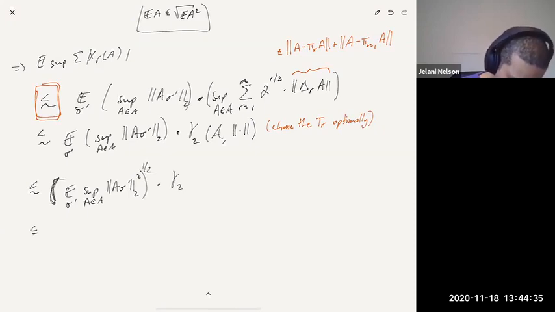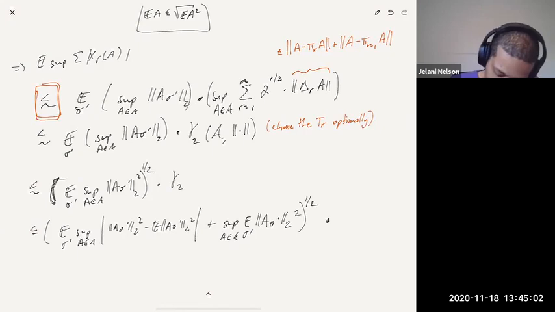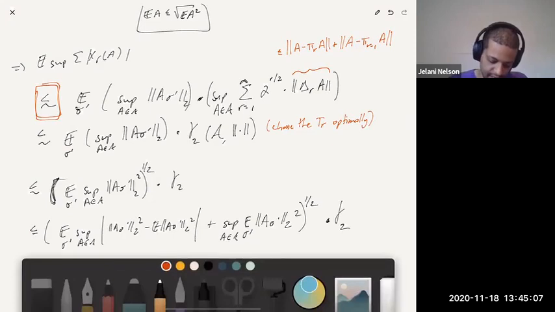So this is at most, by the triangle inequality, the expectation over sigma prime of the sup over A in script A of the L2 norm of A sigma prime squared minus the expectation of the L2 norm of A sigma prime squared, plus the sup over all A of the expectation over sigma prime of the L2 norm of A sigma prime squared, square root, times gamma 2.